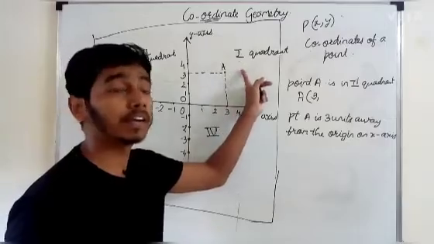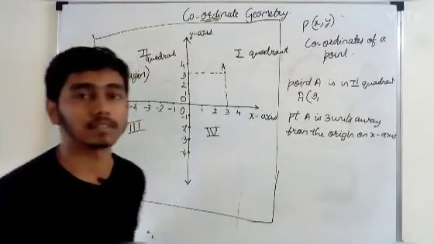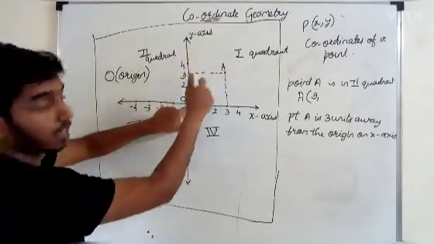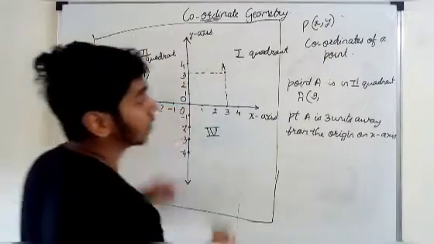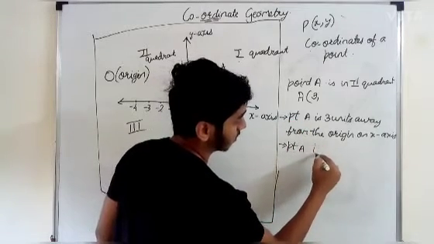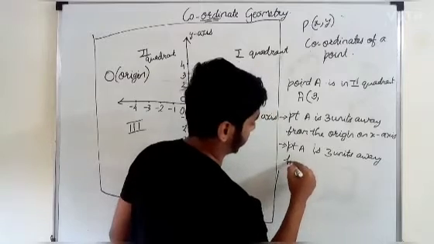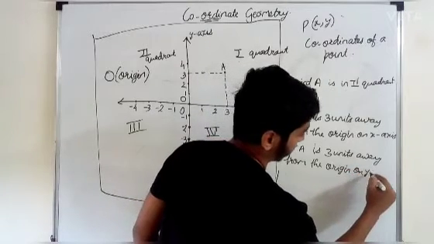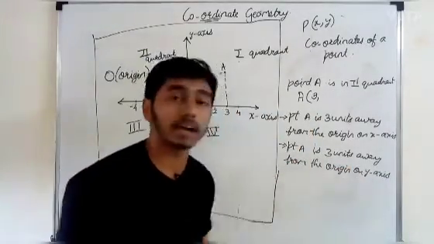So this particular point A is 3 units away from the origin on the x-axis. In the same way, if you see how far point A is from the origin on the y-axis, it is 3 units again. So point A is 3 units away from the origin on the y-axis.